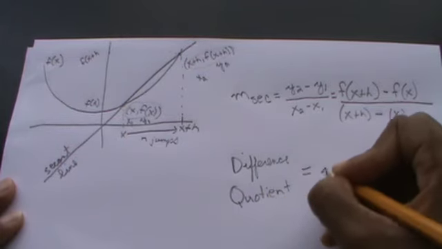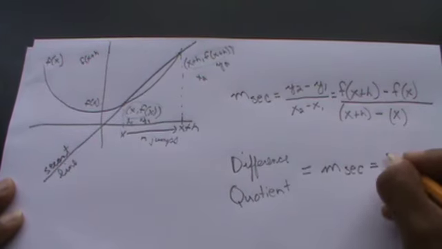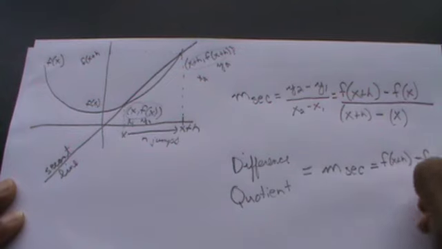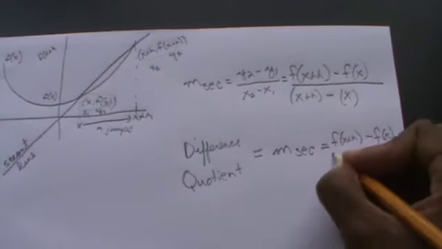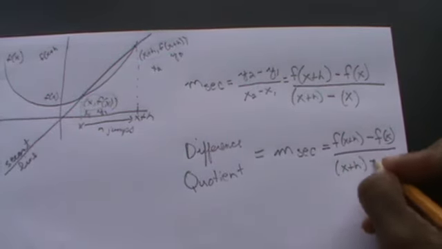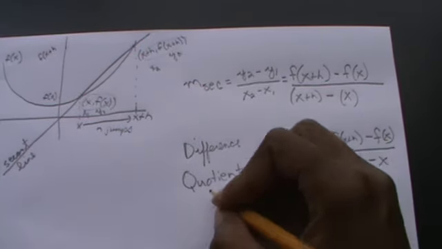This is the slope of your secant line, which is this formula here, f of x plus h minus f of x divided by x plus h minus x.